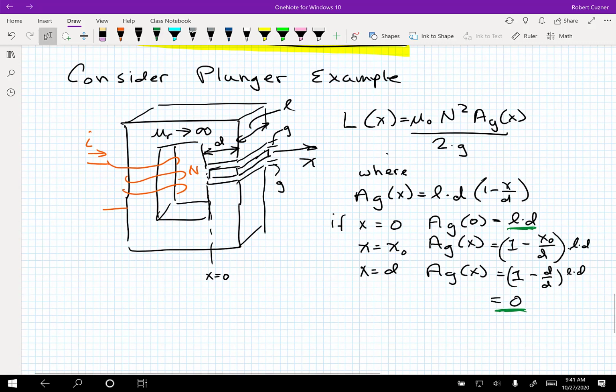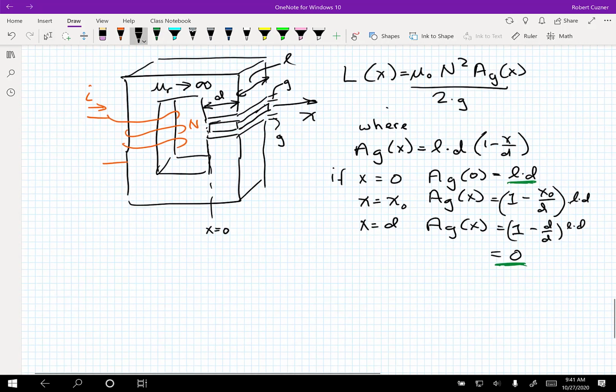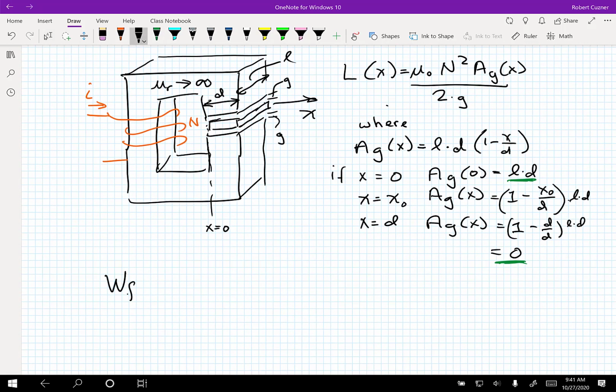So I'm going to take my energy expression and say that the energy is equal, we know, to lambda x squared over 2 Lx.